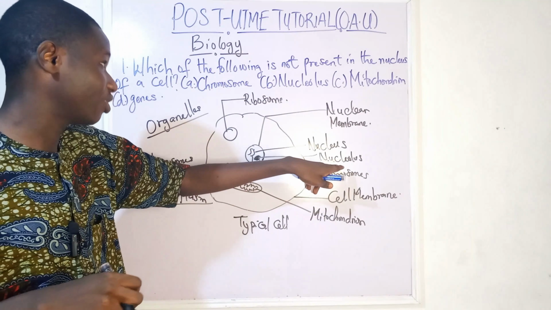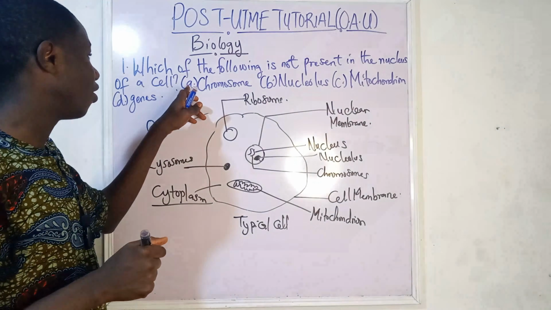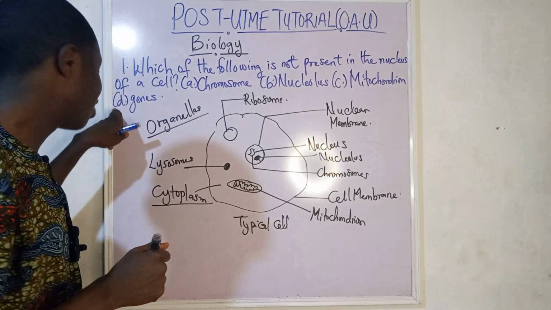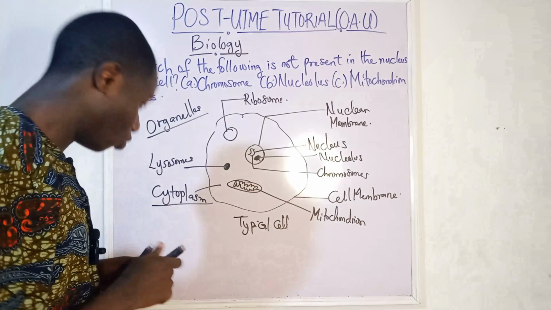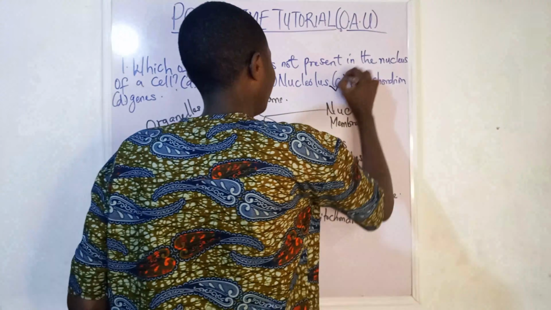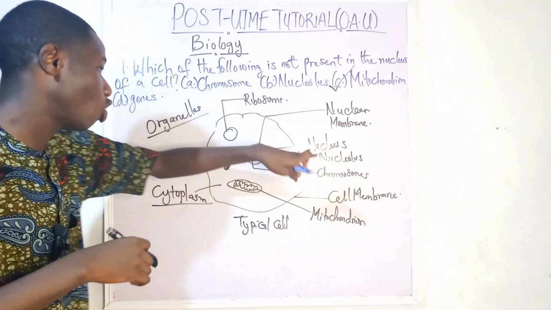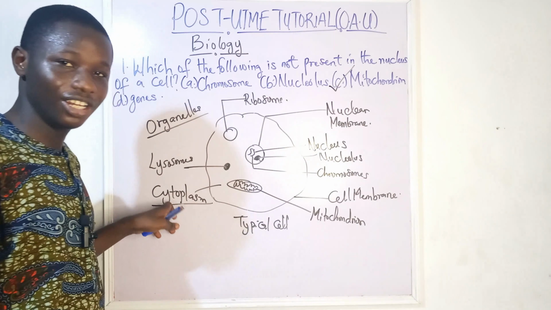This is the nucleolus. So which of the following is not present in the nucleus? Chromosome is present, nucleolus is present, genes is present. The only thing that is odd one out there is what? Is the mitochondria. Because mitochondrion is not present in the nucleus, but present in the cytoplasm. Do you get the logic?